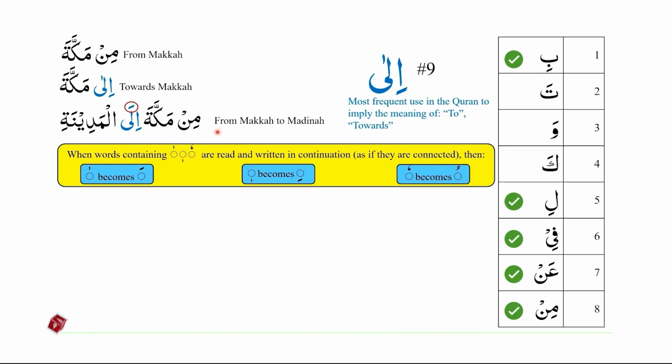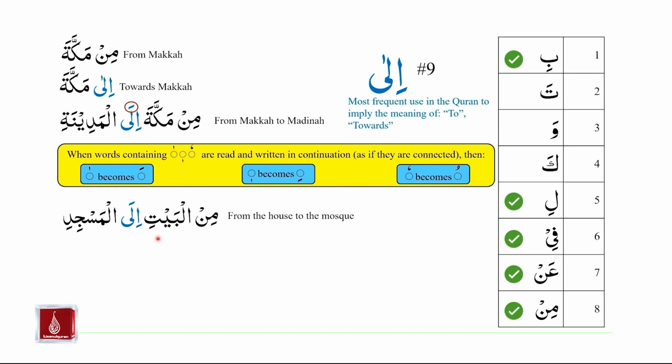So in the case of min Makkata ilal Madinati, ila and al Madinati are connected here. Because they are connected and read in continuation, we will write a regular zabar on top of ila. The meaning will still stay the same.